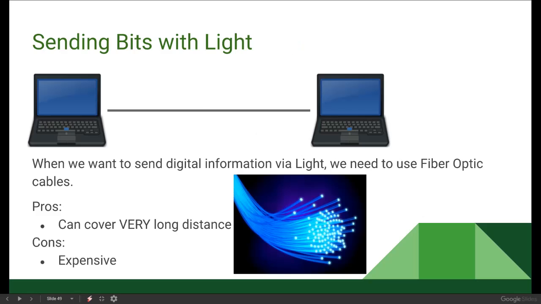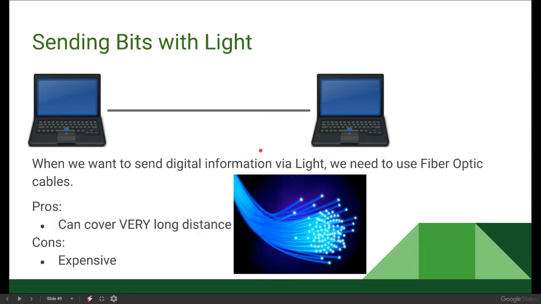This is the kind of cable that is used in the oceans to get different continents connected to the internet, all connected to each other. But the con is that fiber optic cabling is very expensive, and that's why we don't use it around the house in our day-to-day use. We use Ethernet because it's much, much cheaper to transmit data using electricity than it is using fiber optic cabling.